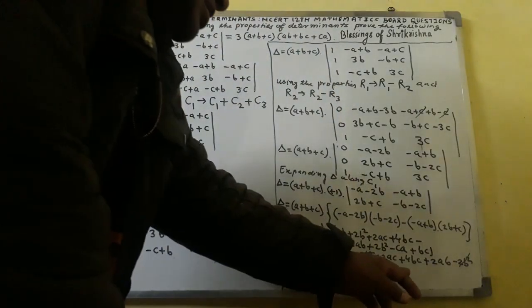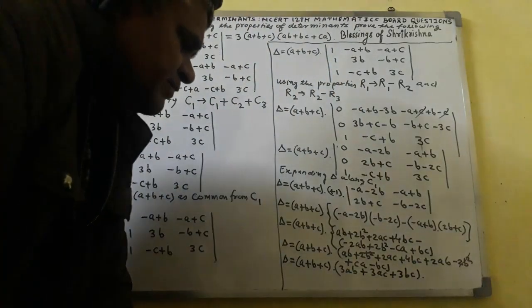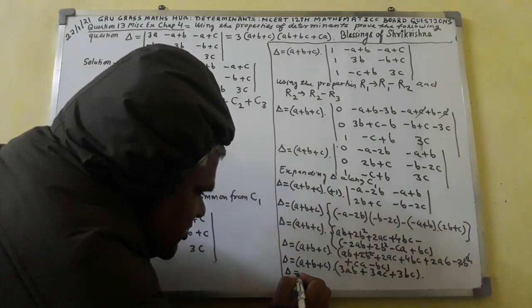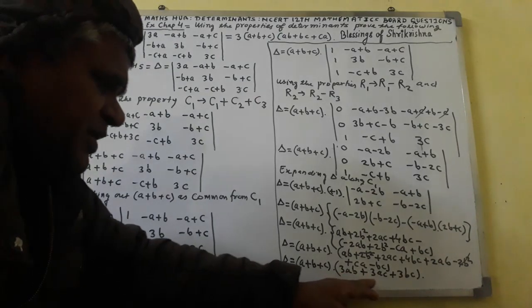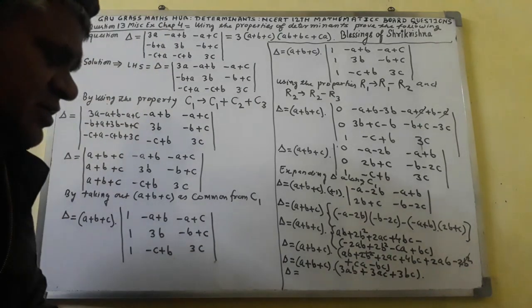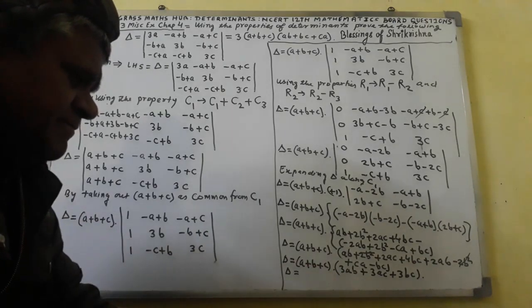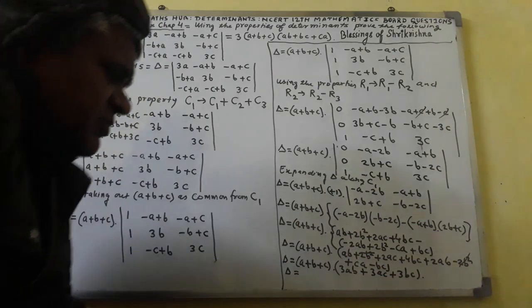And here plus 4BC minus BC comes out to here 3BC. Now last I shall write. Here you can see 3AB plus 3AC plus 3BC. If you take 3 as common, in bracket it will be AB plus BC plus CA.